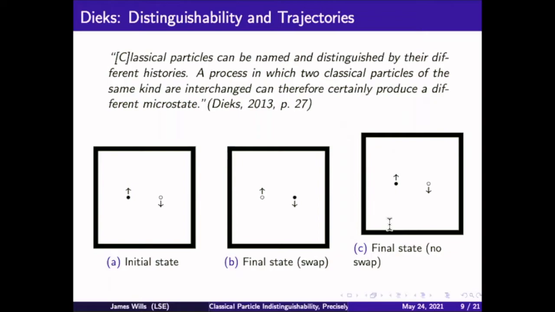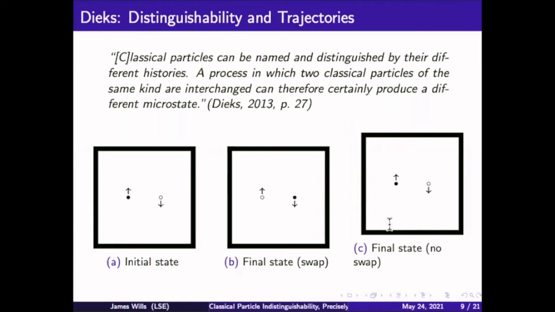In effect, the dynamics has been such that they've swapped over. Or they could have just not swapped over and just bounced off the walls and come back in the same configuration.